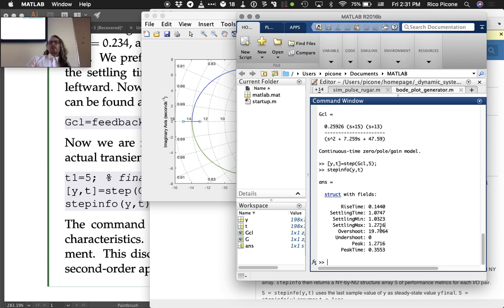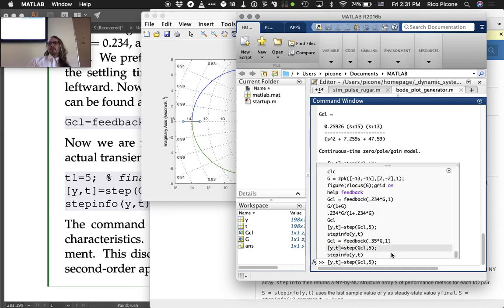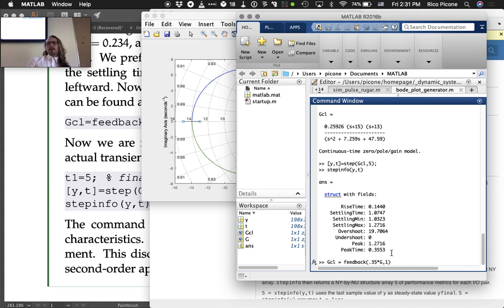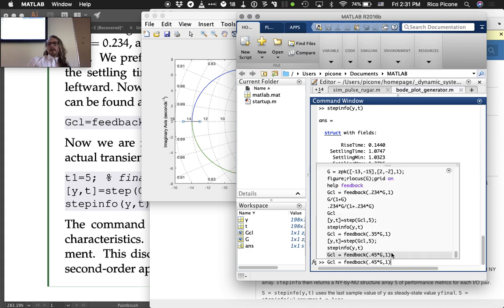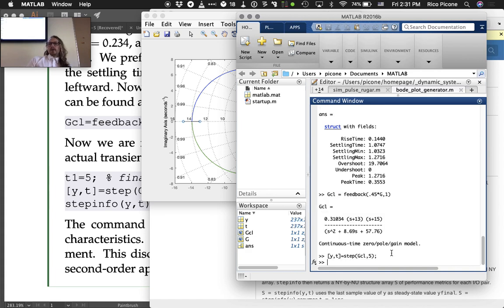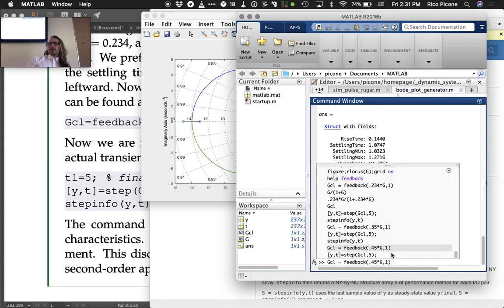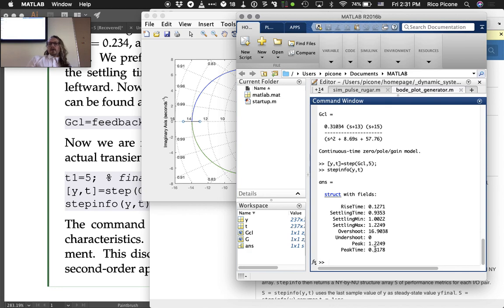If we keep increasing the gain, we'll keep decreasing the settling time, but we're going to move away from this percent overshoot value of 20%. So let's actually do that. Let's say you went up to 0.45. Then your step response and then your step info, our settling time went down.